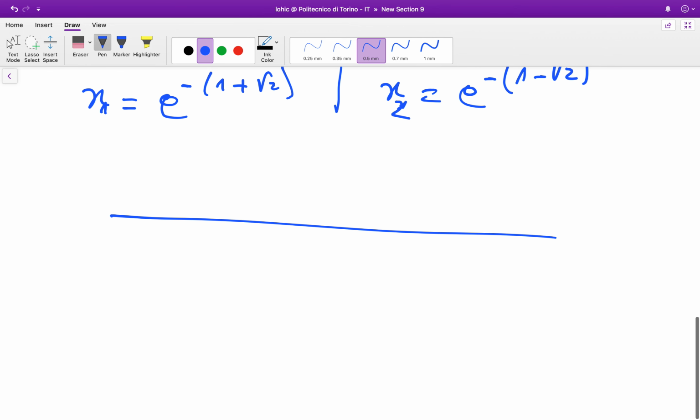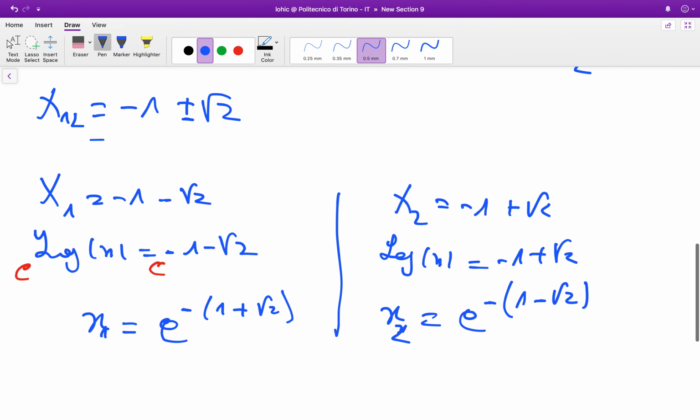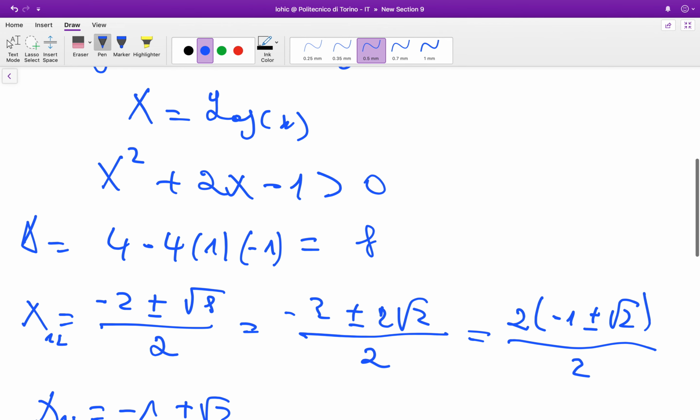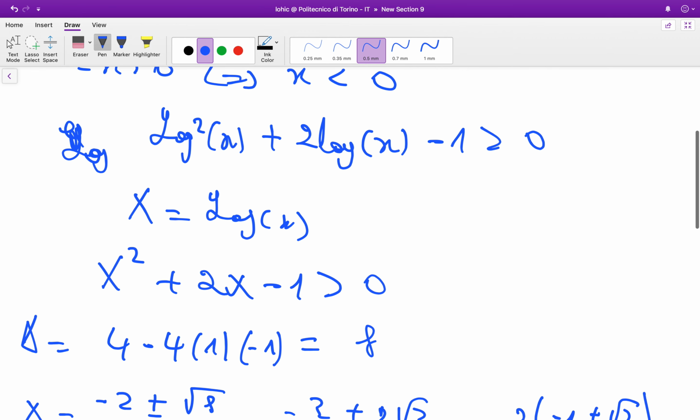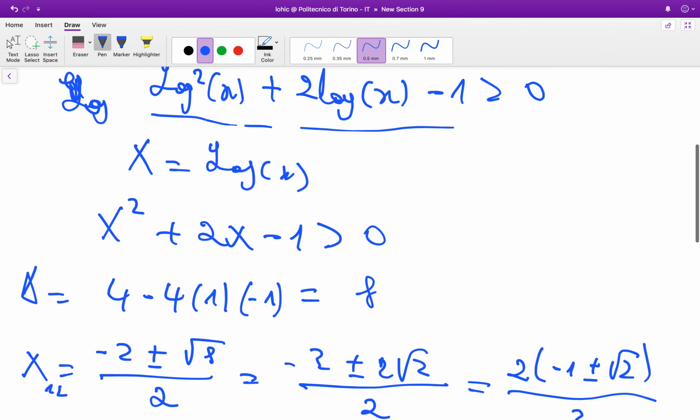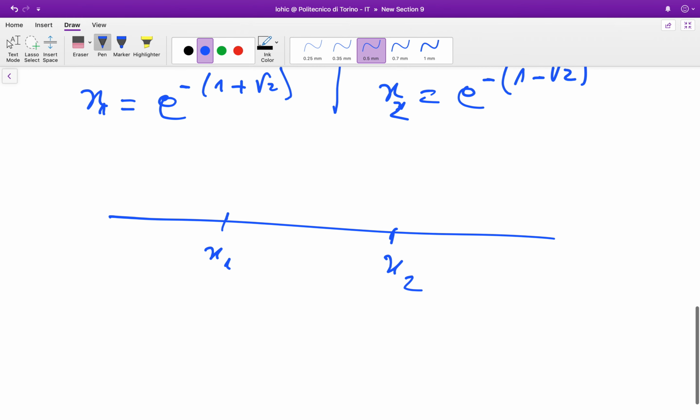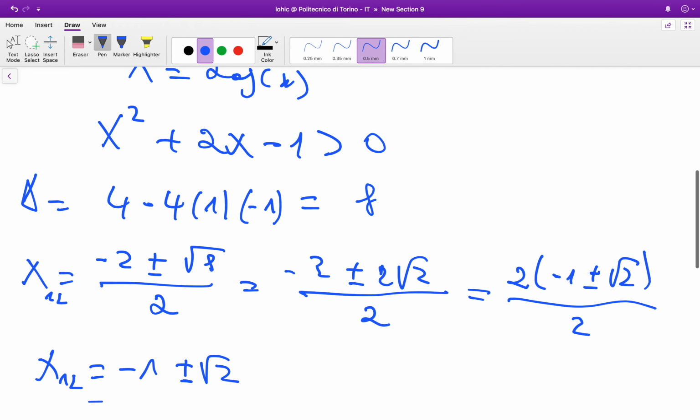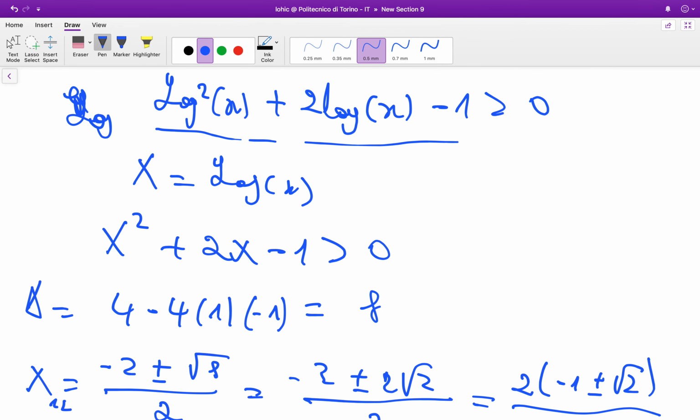Given that x1 is here and x2 is here, we are studying the sign of a parabola, right? Because this looks like a parabola. So it will behave like this, yes or not? Because the part with x squared is positive.